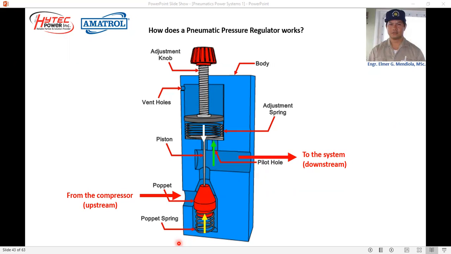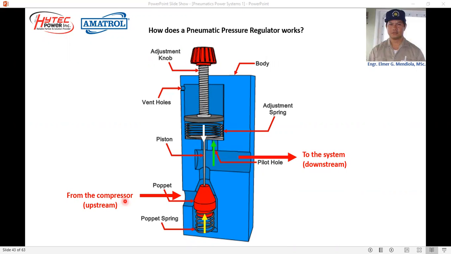In the previous slide, I did emphasize that once the downstream pressure conforms to the set pressure by the adjustment knob, these three vertical forces will be in equilibrium, meaning to say the two upward vertical forces will balance the down force created by the spring on the top side of the piston.